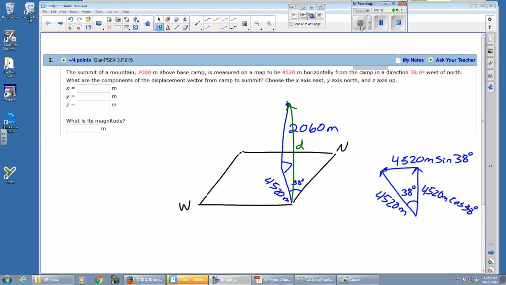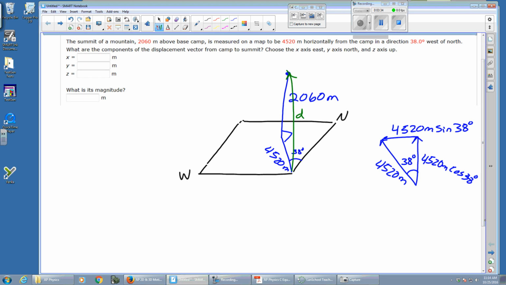To figure out the magnitude of this displacement, you're just going to use the fact that it really forms two triangles that share a side. The hypotenuse of the first triangle, this blue triangle, is one of the sides of the other right triangle that includes the height, the altitude.